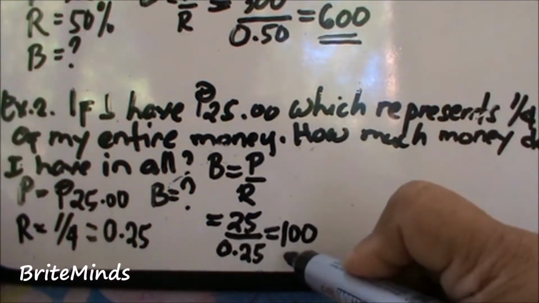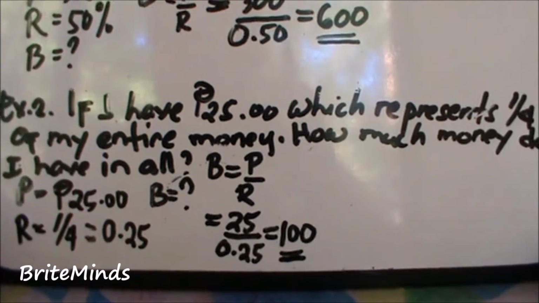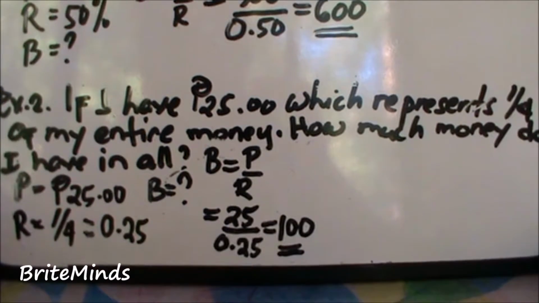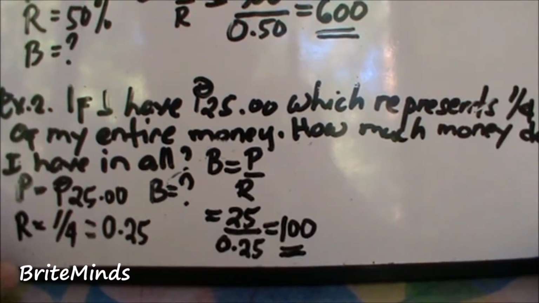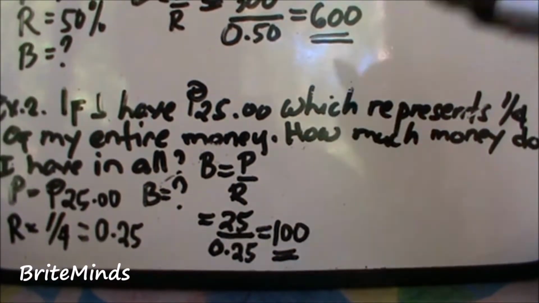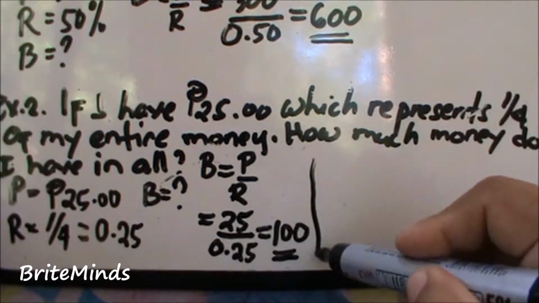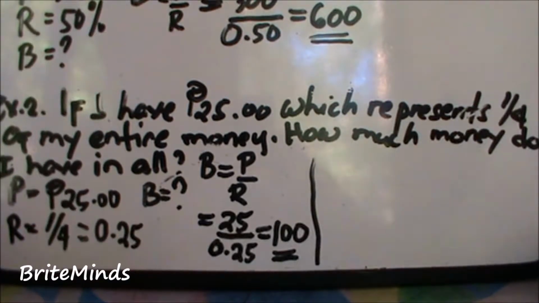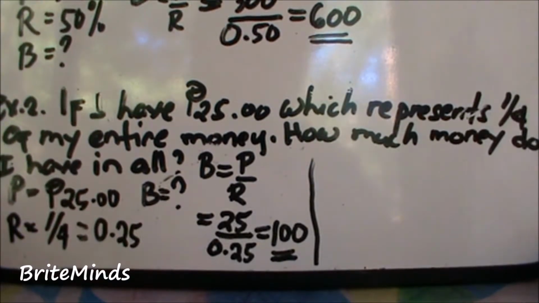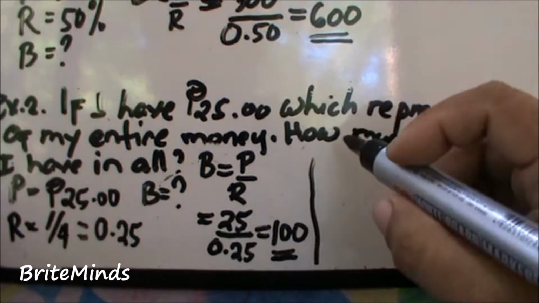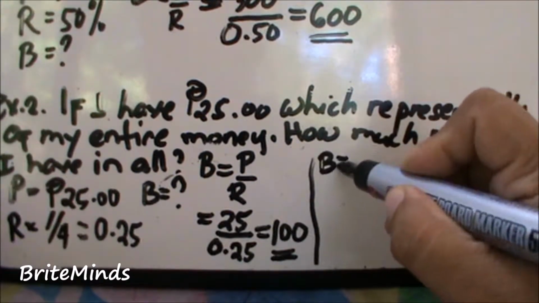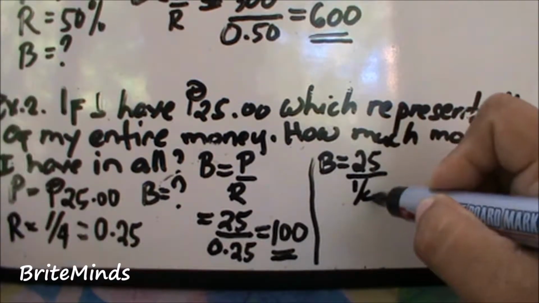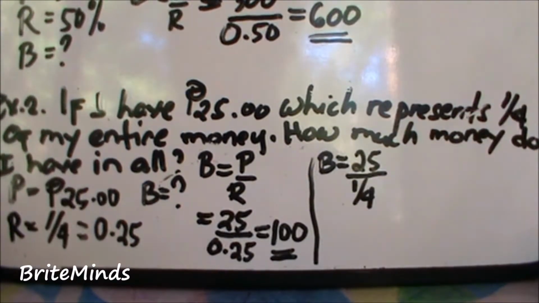Easier. Or let's say there's another way of solving it. If you insist on using the fraction, let's say we solve it using 1/4 as our rate. So how are we going to do it? Base is 25 divided by 1/4.